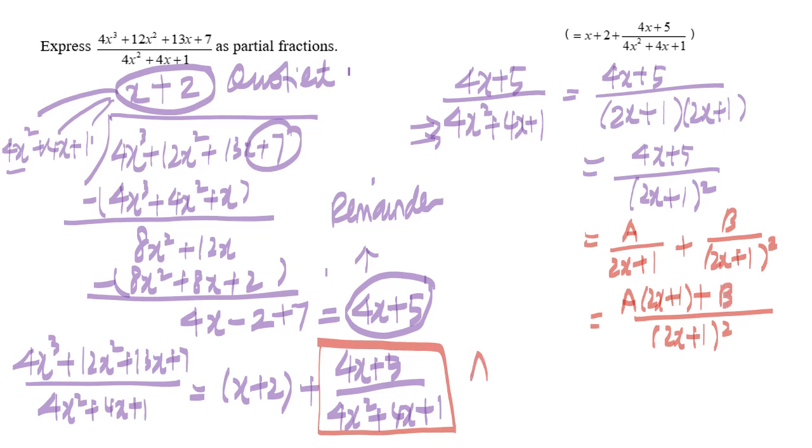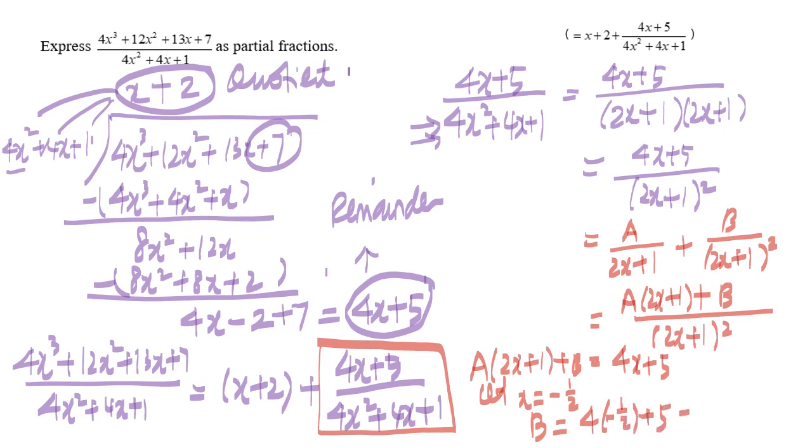And then we let it equal to our numerator, which is 4x plus 5. Okay, and we use the substitution method. Here I'm going to let x equal to negative half so I can eliminate my A. So my A will be gone. So B will be 3.